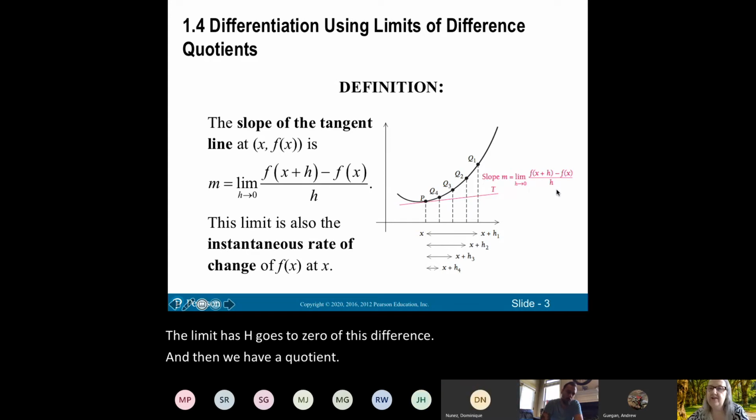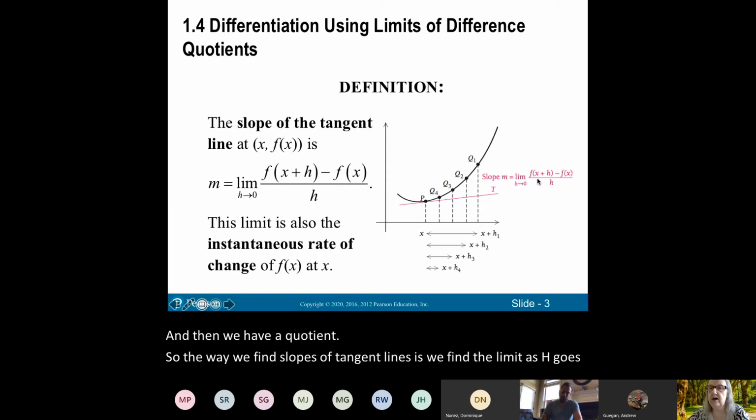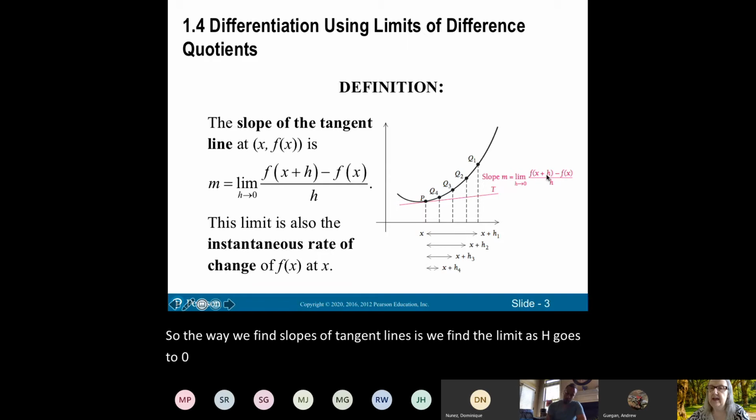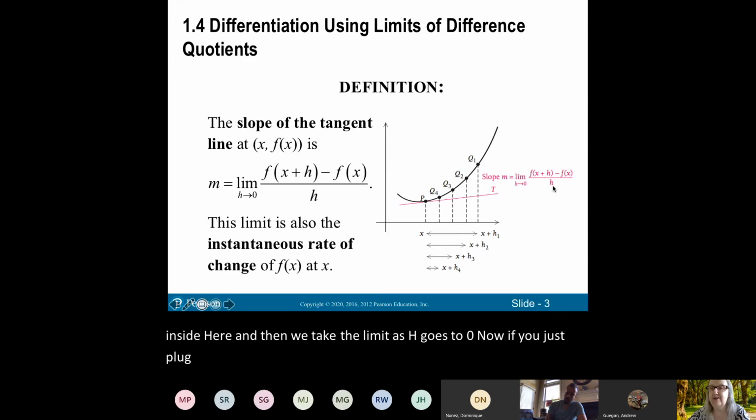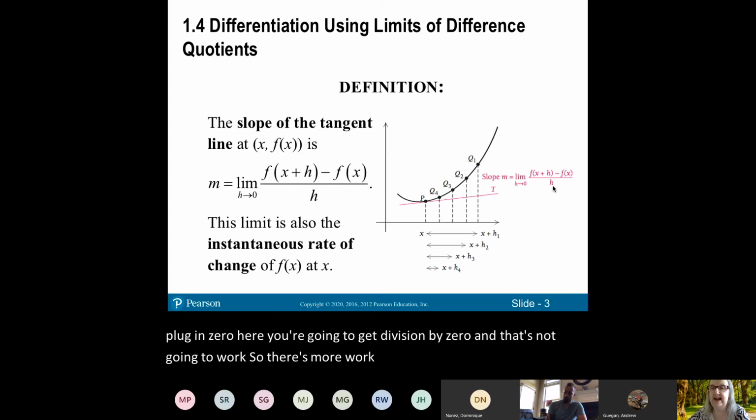The way we find slopes of tangent lines is we find the limit as h goes to 0 of f of x plus h minus f of x over h. This is a difference quotient inside here, and then we take the limit as h goes to 0. Now, if you just plug in 0 here, you're going to get division by 0, and that's not going to work. So there's more work to do than might meet the eye here.